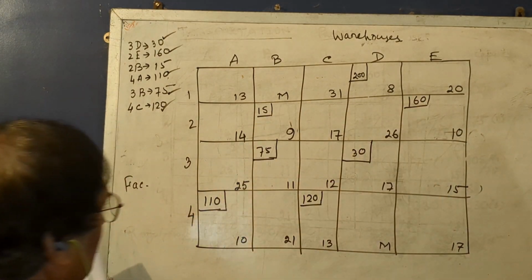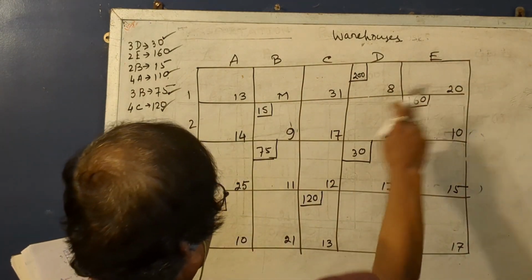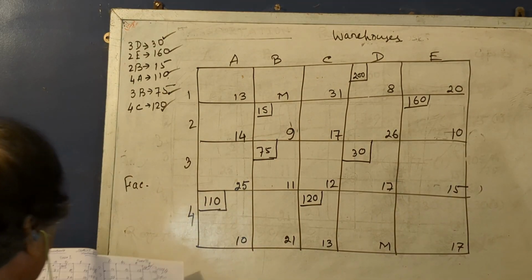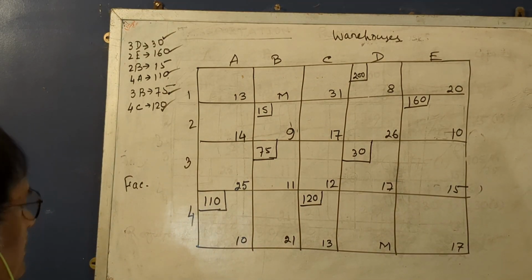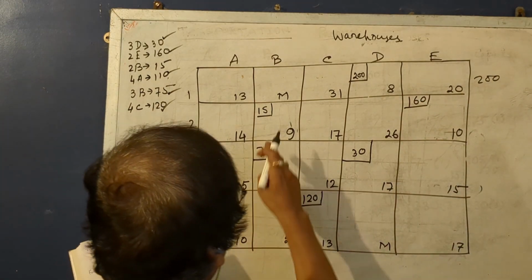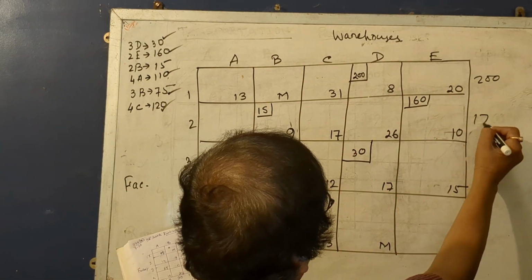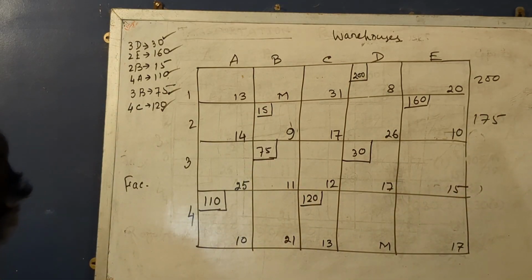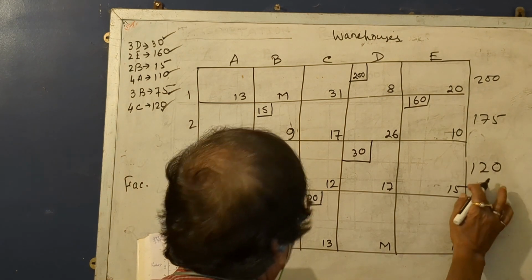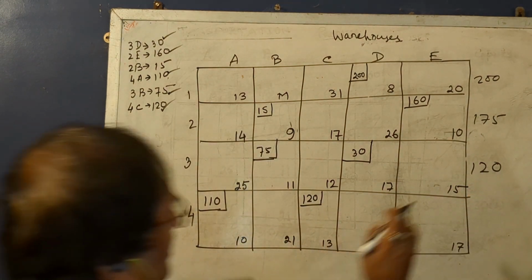If you add, then you will see the total capacity and total requirement has been fulfilled. You can check also. If you check, then you will see this is 200. 200 was the first table given, and this is 175, and this is 120. Sorry, 105.